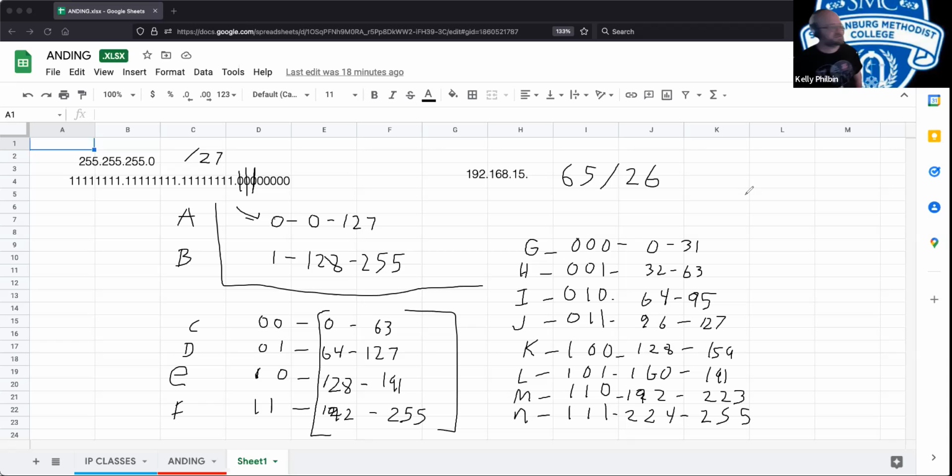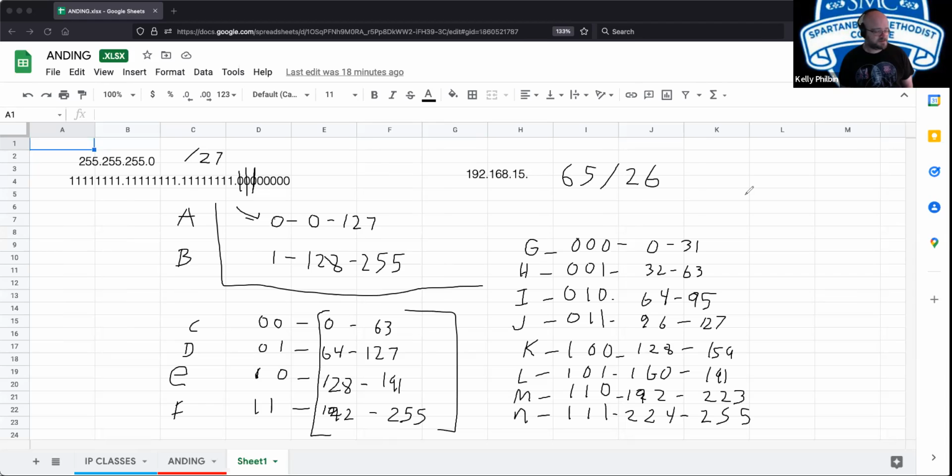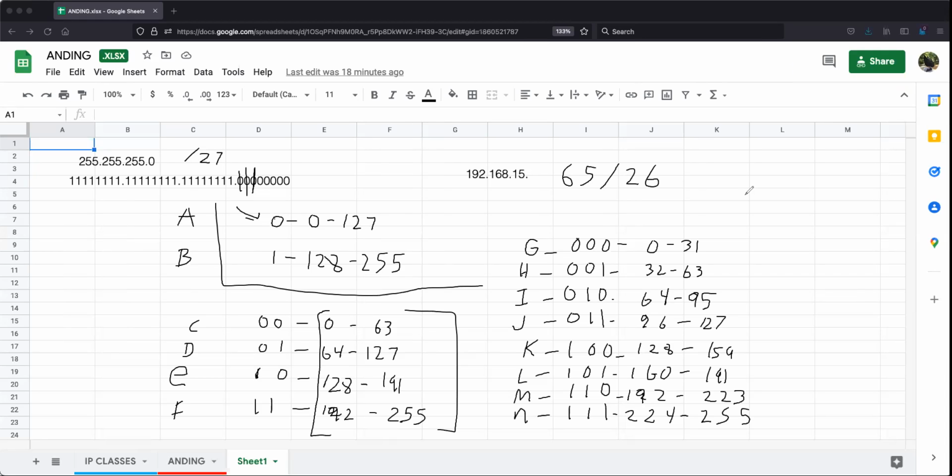Jessica. 192.168.15.65/26. Which group would you fall under, A through N? D, like David. Are you sure? Yes, because A and B is /25, and I know you said C through F is /26.